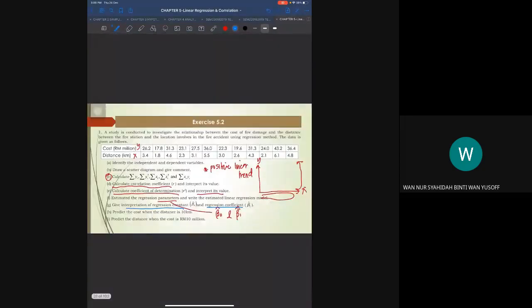Okay, the next question. Predict the cost when the distance is 10 km, and predict the distance when the cost is 10 million. In your assessment, we do not write "predict the y when x equals this". No, this is how we ask. So you have to know: we predict the cost. What is cost, x or y? Predict the distance.